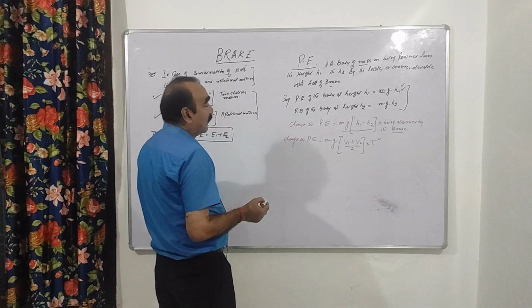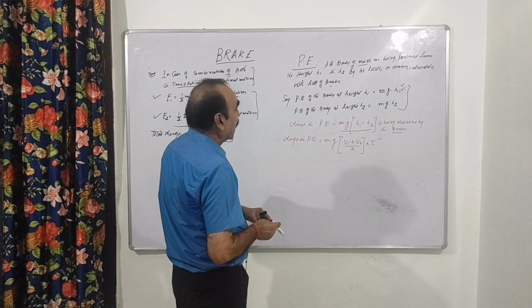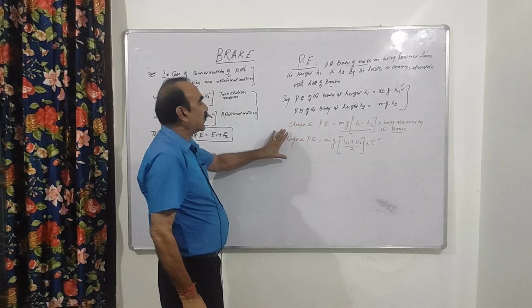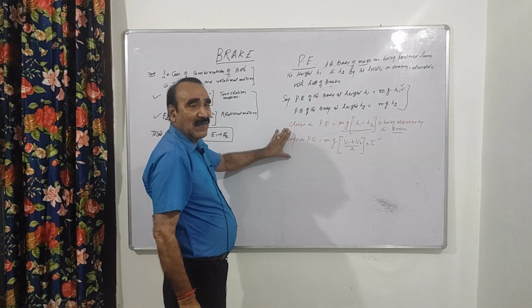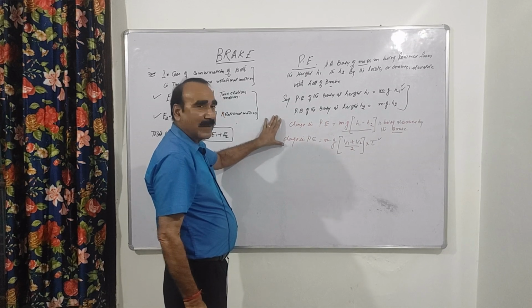V1 plus V2 by 2 is the mean velocity, right? So this is the change in potential energy in the case when the body is being lowered.